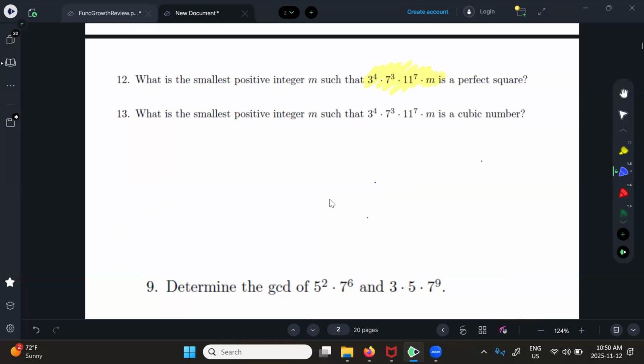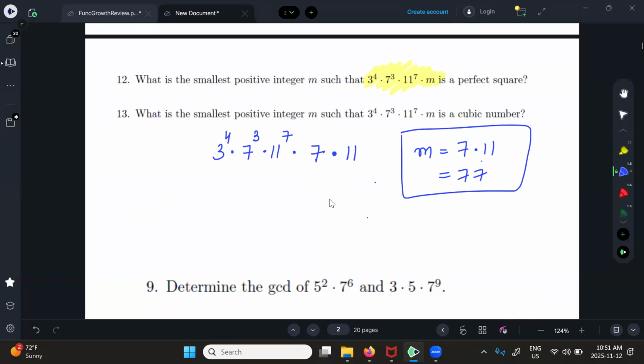So what should m be to make it a perfect square? The smallest one. See, 3 to the power 4 is already a multiple of 2. 7 to the 3 is not a multiple of 2. So to make it a perfect square, I need to multiply by 7. And I need to multiply by 11 to make it a perfect square. So m should be 7 times 11, 77. Make sense?